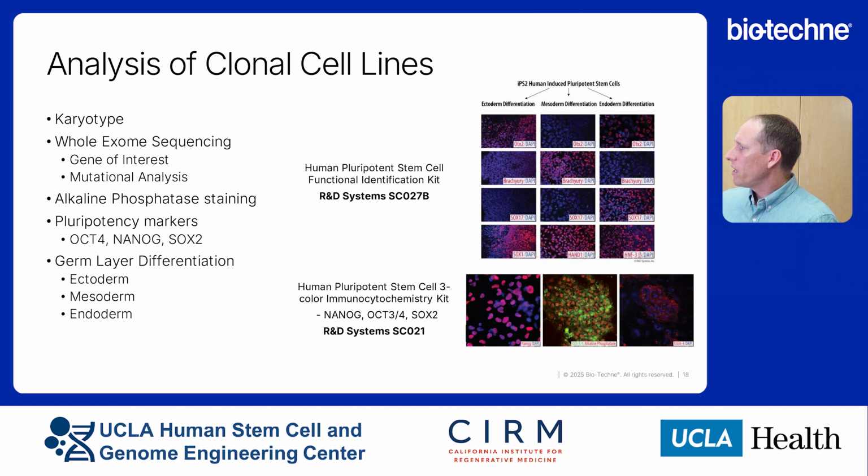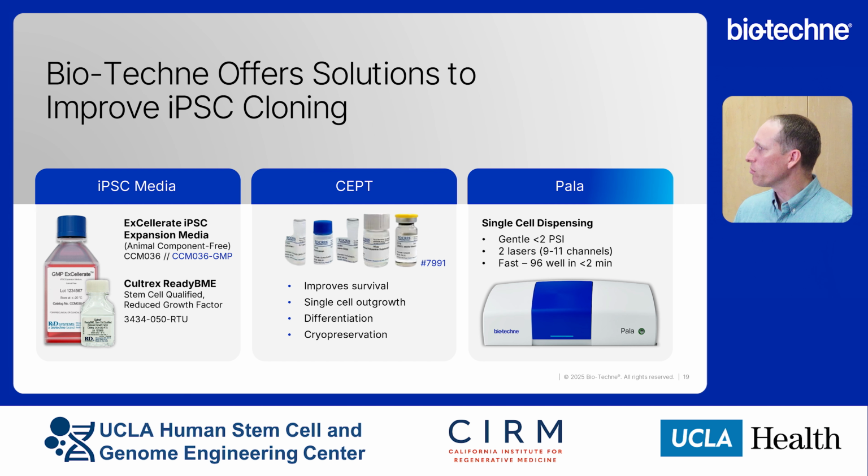And then, of course, looking at pluripotency markers such as OCT4, NANOG, and SOX2, and then doing germ layer differentiation into ectoderm, mesoderm, and endoderm. BioTechne offers multiple kits and products to help support this workflow, including our functional identification kit, as well as our immunocytochemistry kit that has the reagents you would need to do the staining for the pluripotency markers and the germ layer differentiation.